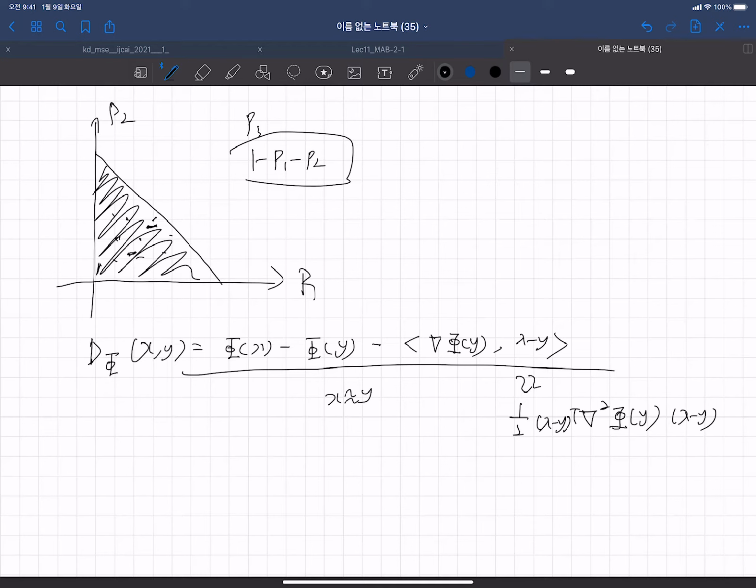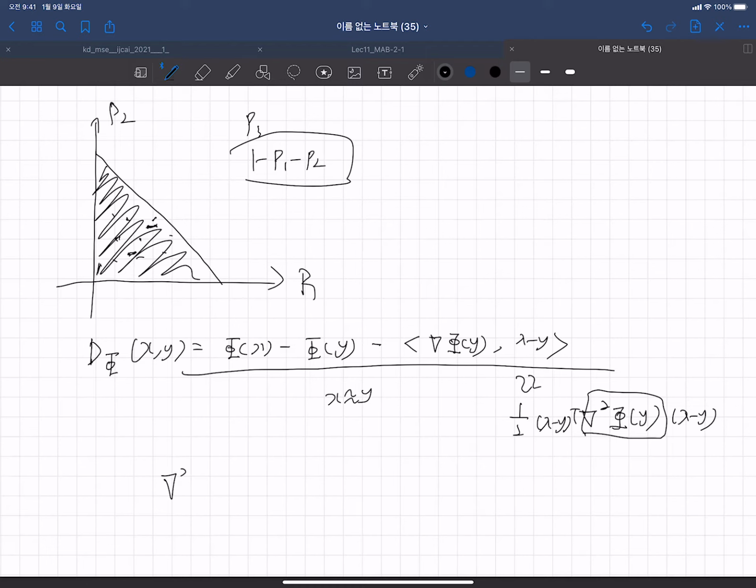Okay, so the distance between 2 points, or divergence between 2 points, is not just Euclidean distance, but is scaled with the Hessian at point y. For instance, in our example, with the beta-parameterized regularizer function, what is the Hessian?